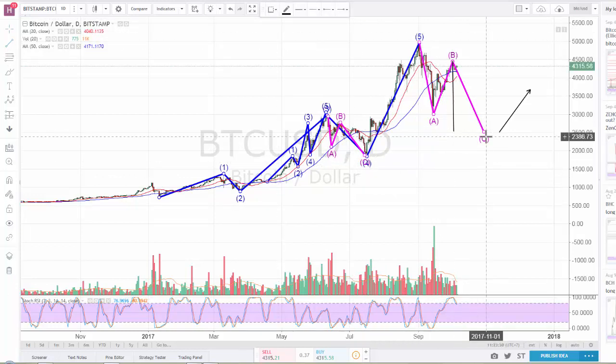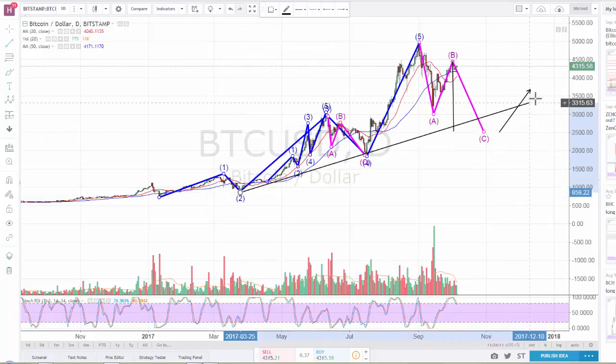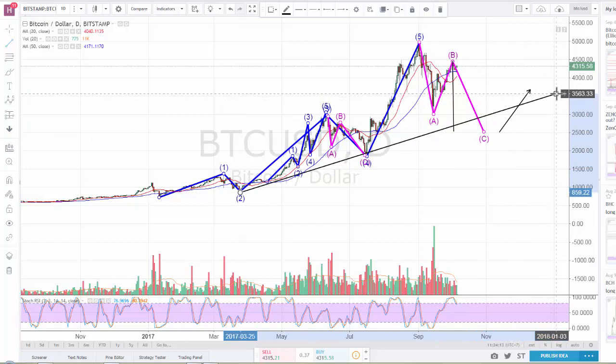There's an 80% chance. The pattern ABC or ABCD is one of the only patterns, if not the only one, that has an 80% chance that if it's completed, you're going to have a reversal and go, in this case, into an uptrend. So this would be the trend line.